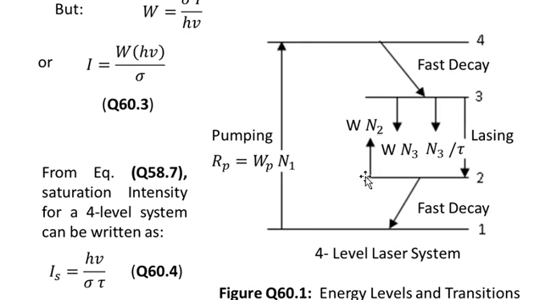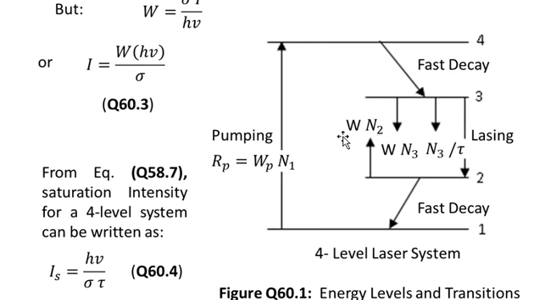There is an upward arrow from level number 2 pointing towards level number 3, that is labeled with WN2. W is actually the same for this stimulated process, whether absorption or emission. Here we are talking about the absorption.